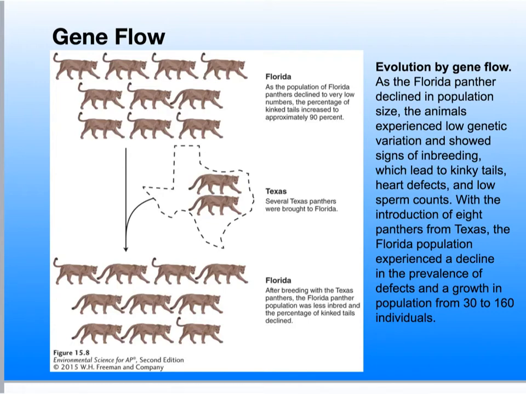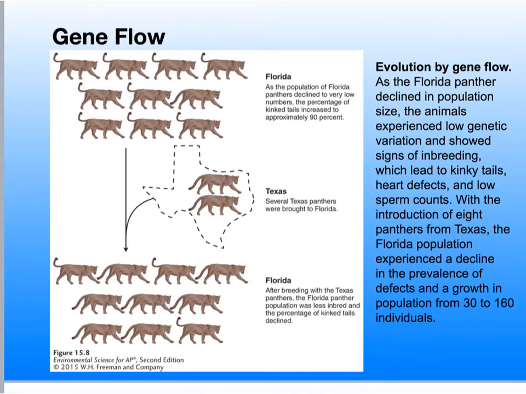The population of the Florida panther has declined to a very low number, and so the percentage of Florida panthers that had these kinked tails has increased to approximately 90%. That was like its original.